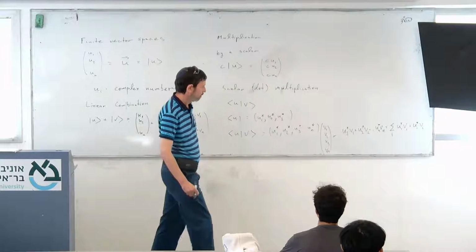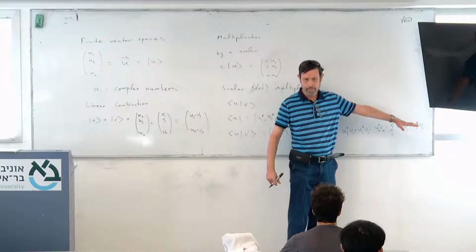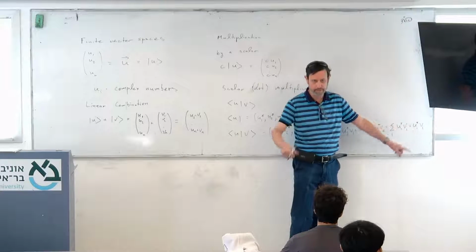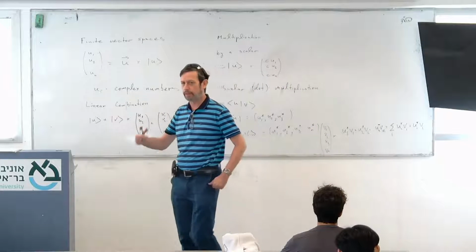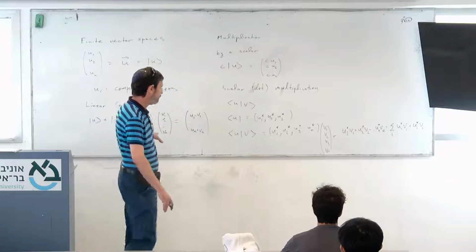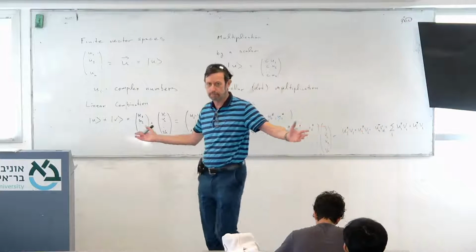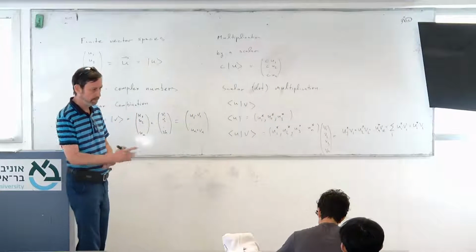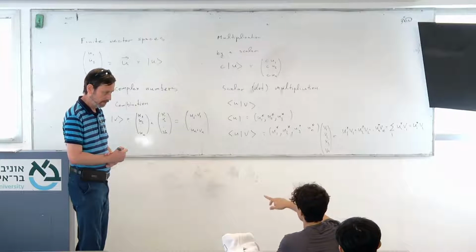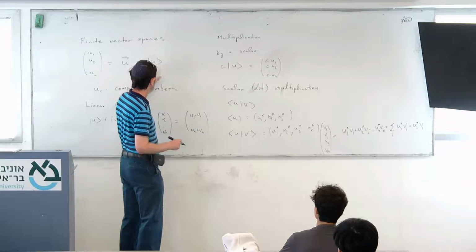Just a moment. So all these are equivalent definitions of the multiplication. This is the same index that appears twice. So we'll use all of them whenever needed.